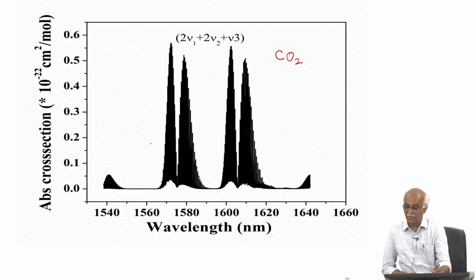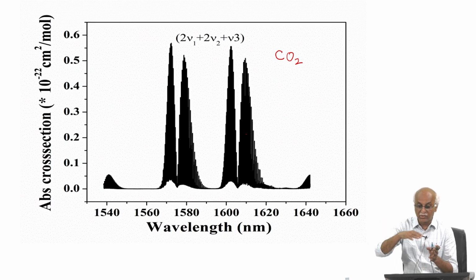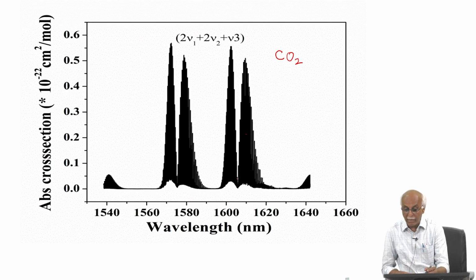Of course, the fundamental transitions will have a very large absorption cross section and probability, but because of combinations of these transitions, we may also end up with combinational absorption bands.